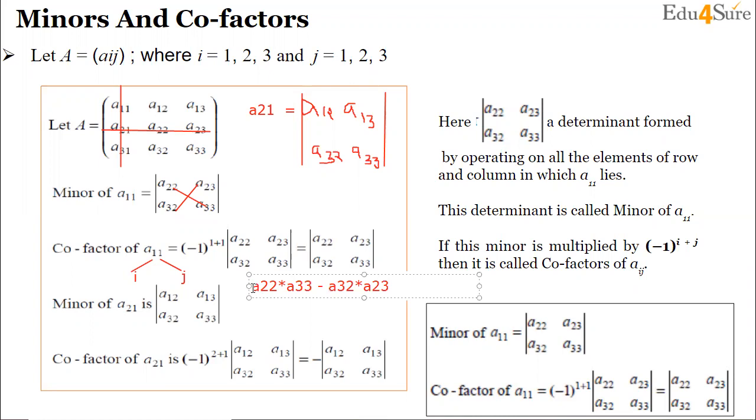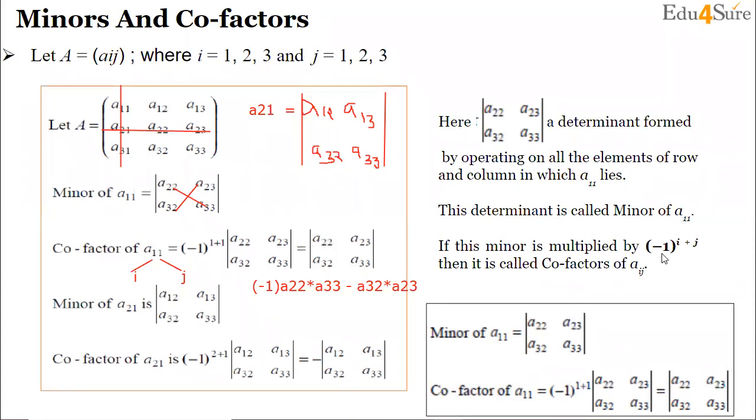Multiply this by -1 to the power whatever you get after adding i plus j. So for A11 it will be 1 plus 1, 2, so it will become 1 into whatever result you get from this multiplication. This is called a cofactor, that you can see here.